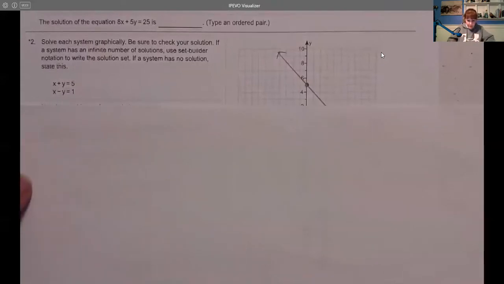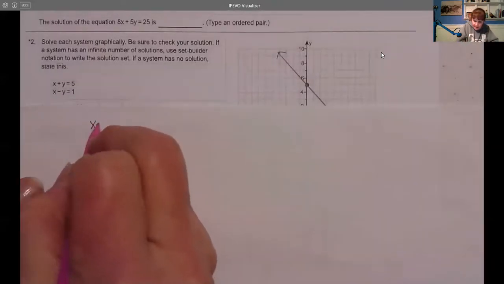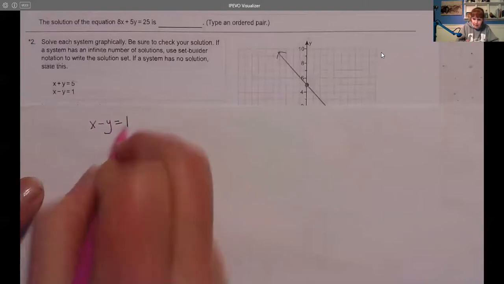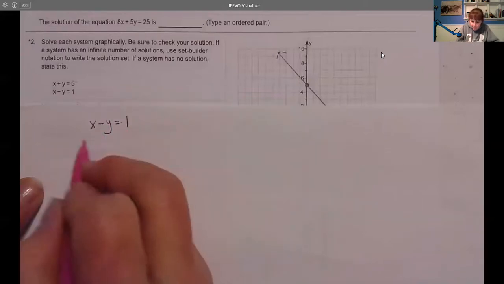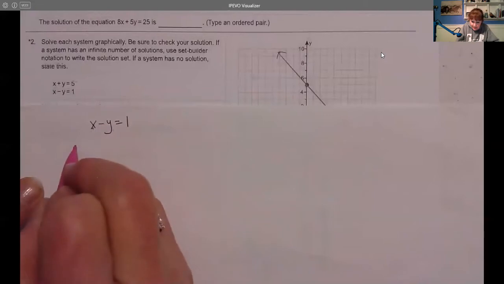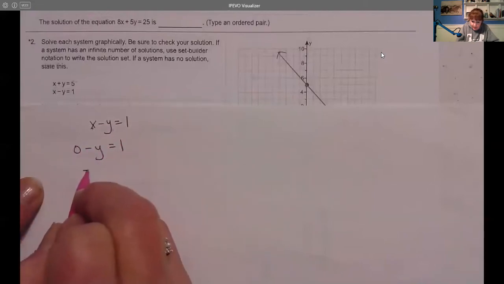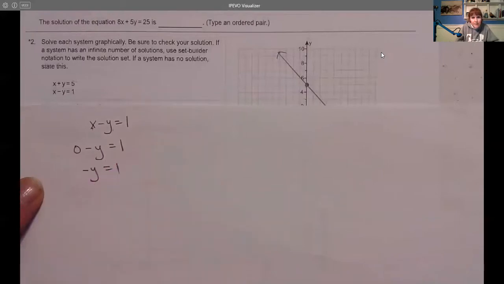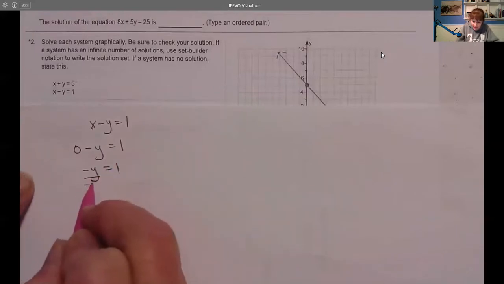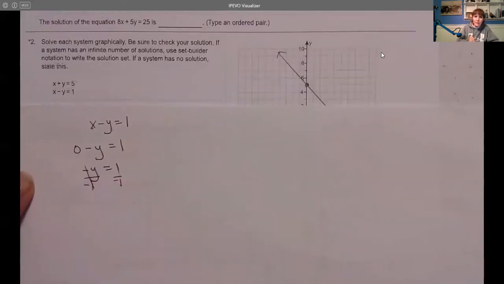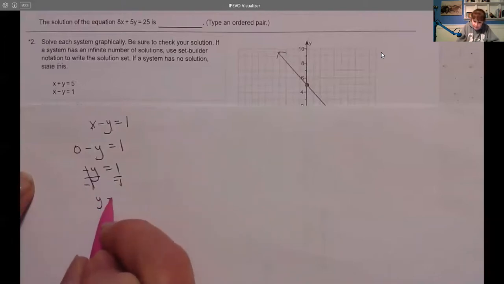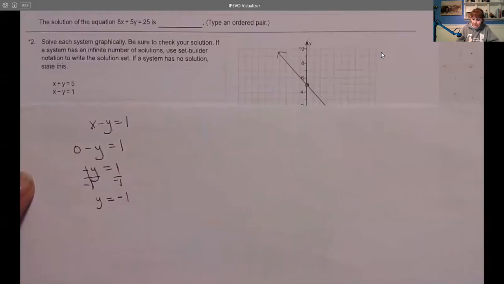Let's graph x minus y equals 1. To find the y-intercept, x is 0. So we have negative y equals 1. We'll divide by negative 1 because we want a positive 1 in front of the y. So y equals 1 divided by negative 1, which is negative 1.